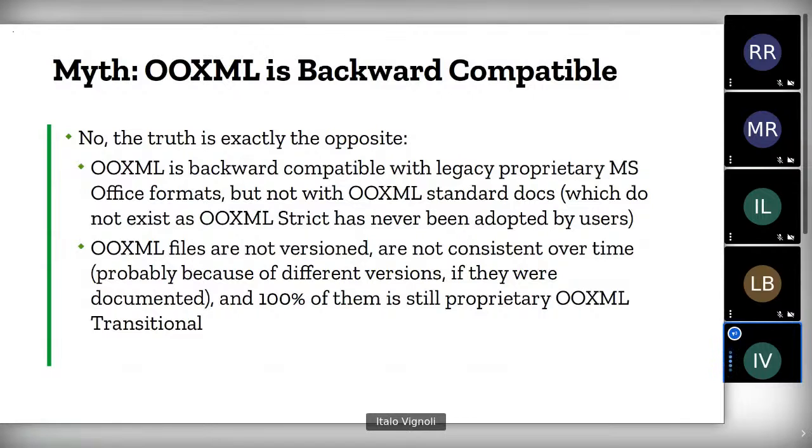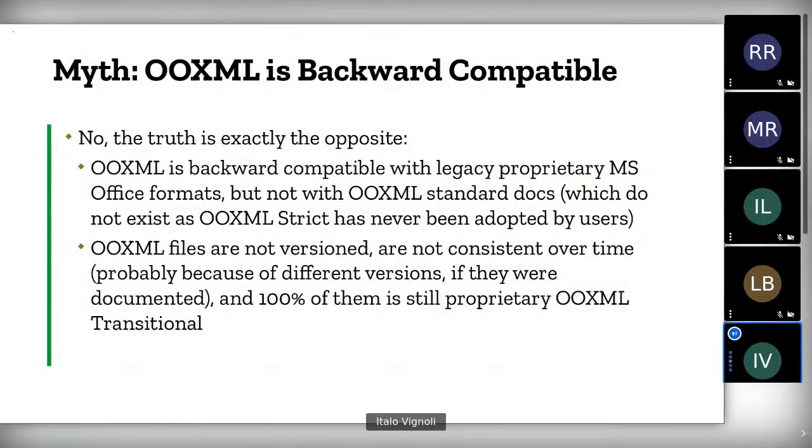Office OpenXML files are not versioned. You know the version of the software that has created the file, but not the version of the standard. And believe me, the number of versions of the standard should be extremely high, because if you look at the documents published by Microsoft, not discussed in public and not submitted to ISO, which are evolutions of the original standard, there are quite many.